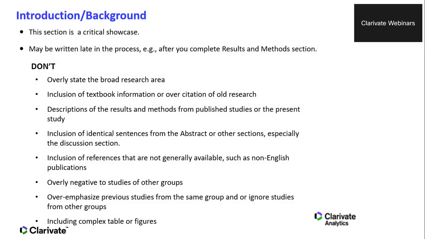It should have the newest research, because that is where you will be able to show what the gaps in literature are. You should not include identical sentences from the abstract or other sections. It just decreases the readability and the interest of the reader. When the reader is reading and comes across the same sentence structure, it is jarring to the brain.